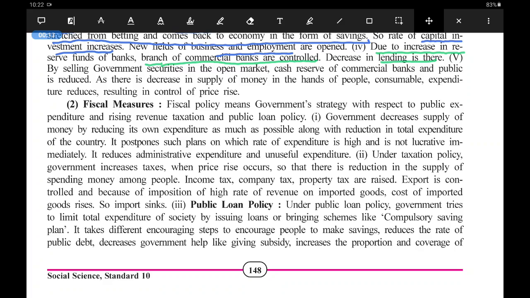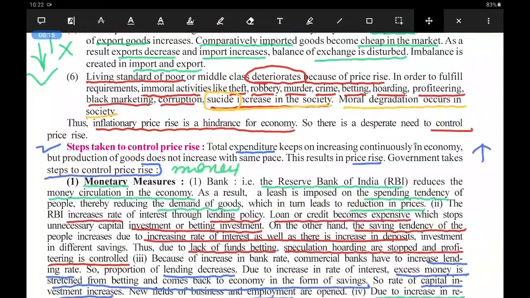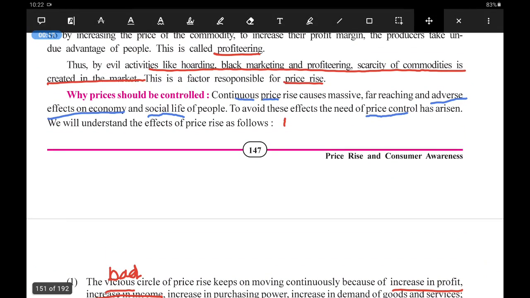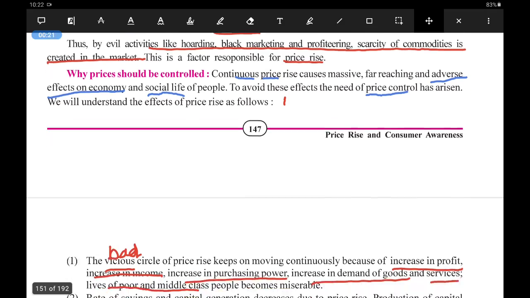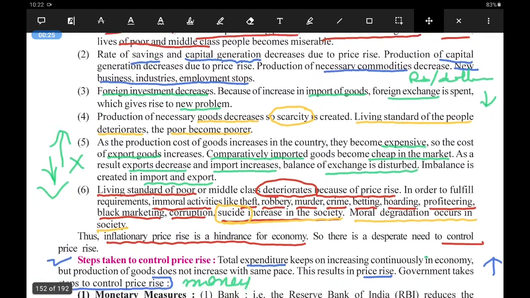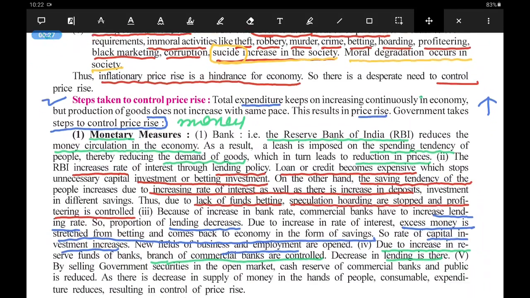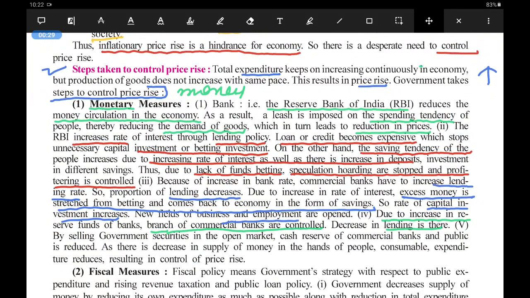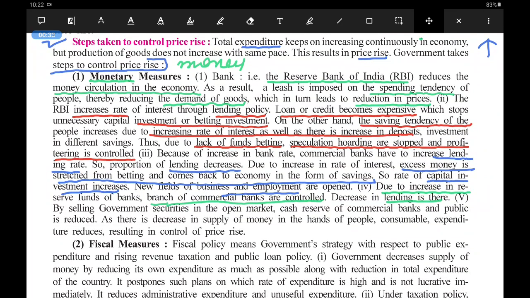In the previous video lecture, we saw two important topics: why price should be controlled, and the six points related to price control. We also saw what steps should be taken to control the price rise. In that we saw one of the main topics, the monetary measures.